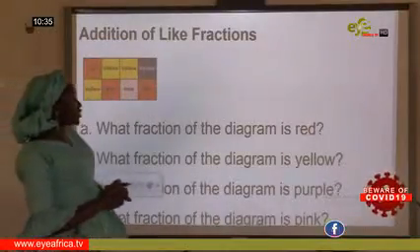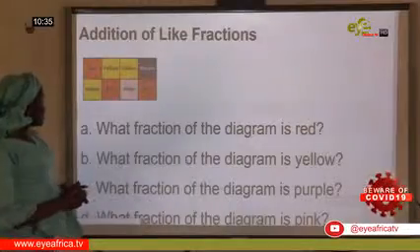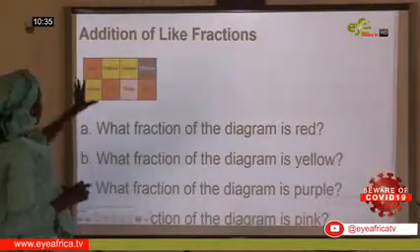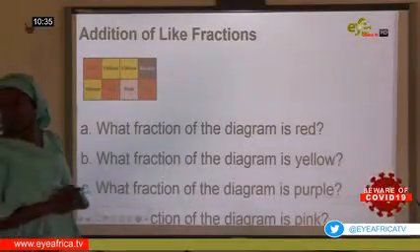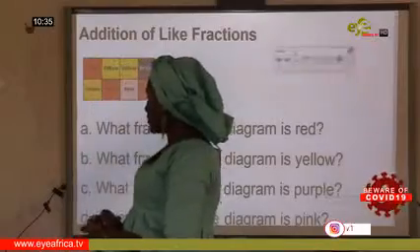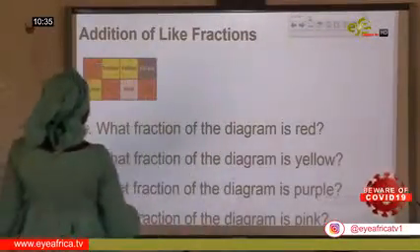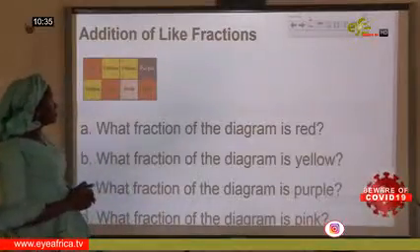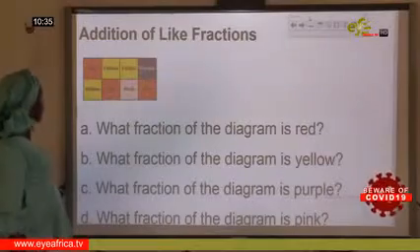Addition of like fractions. Look at this diagram. Let's study this diagram.